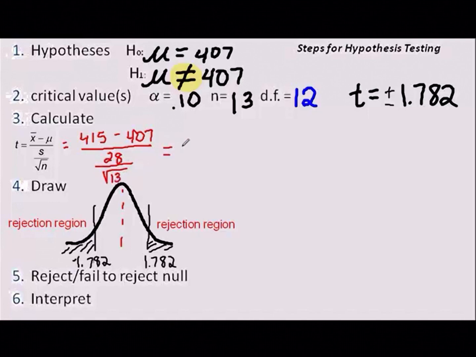On the numerator, I will get 8. The denominator, 7.765, and on and on it goes, for a final answer of 1.030. 1.030 is just over 1 standard deviation from the mean.